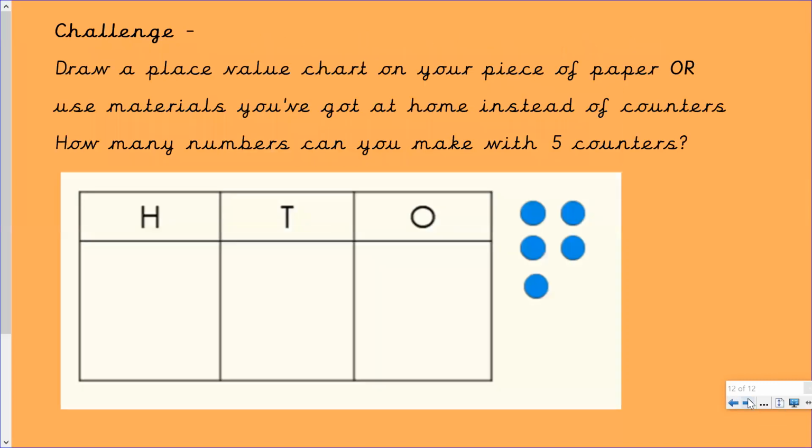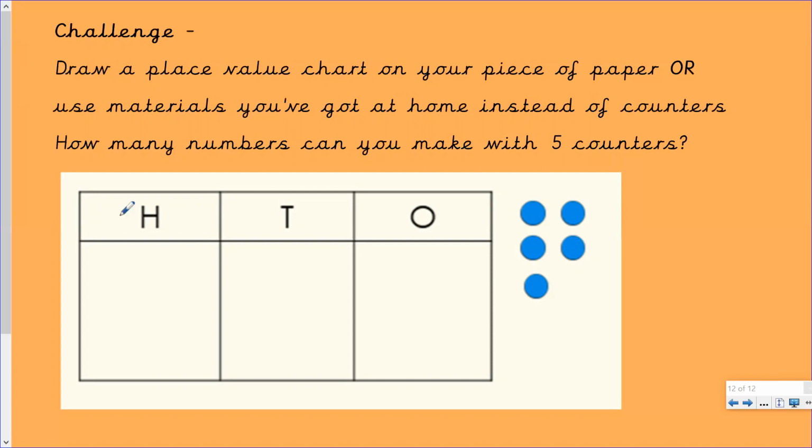And here is a challenge for you. Have a go at doing this challenge on your piece of paper, again independently. Draw a place value chart on your piece of paper, or use materials that you've got at home instead of counters.